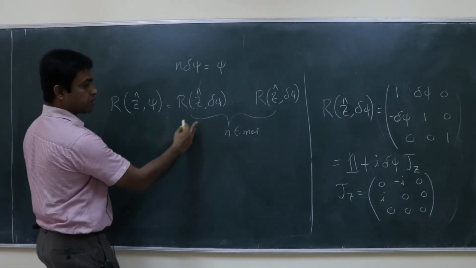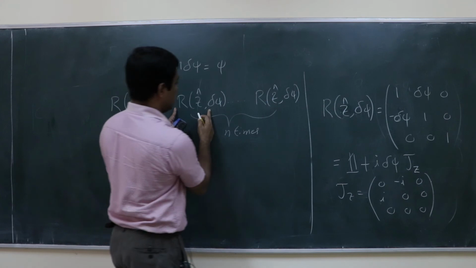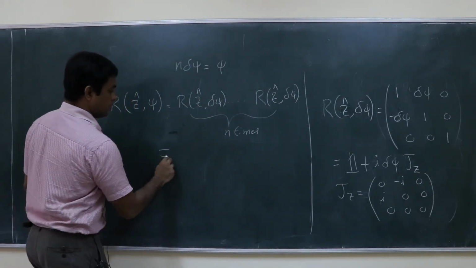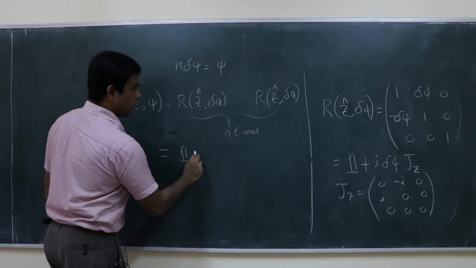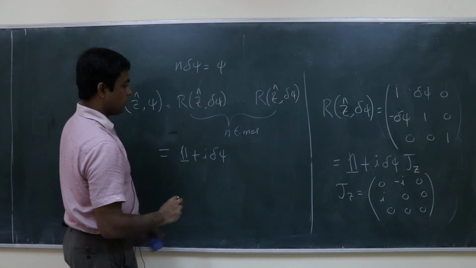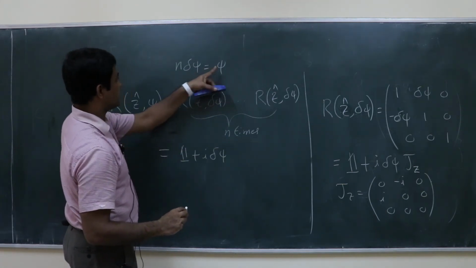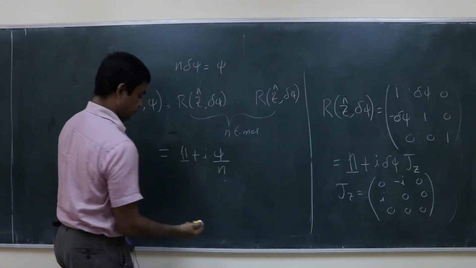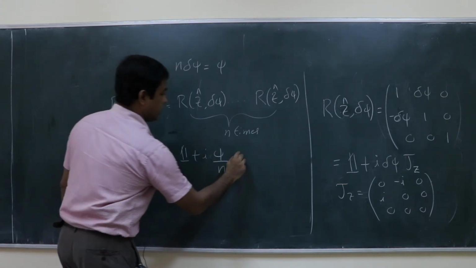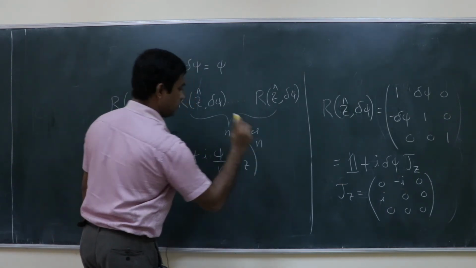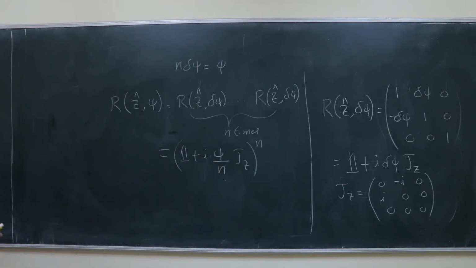So this n times, what you get, because R z delta psi is this quantity? Identity plus i delta psi jz. So delta psi I can write as psi by n, and jz, power n. Is this clear?